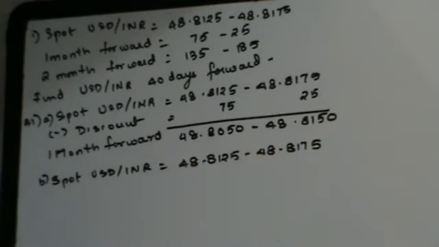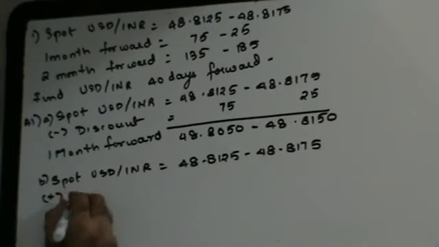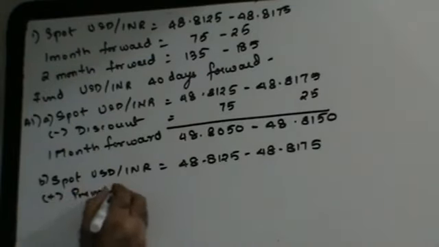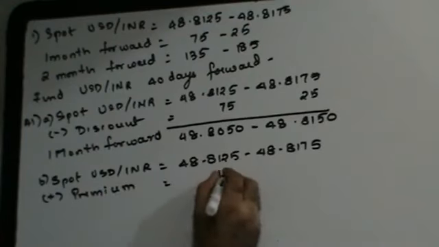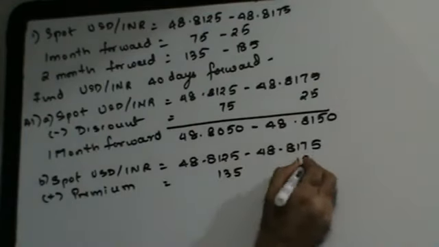48.8175. 2 months forward. Now if you look at your 2 months forward swap points, they are in ascending order, 135, 185. Since the 2 months swap points are in ascending order, that means they are at a premium. So you add your premium, 135 and 185.